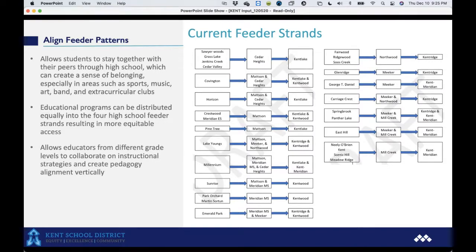But then there are other schools, for example, Crestwood and Meridian Elementary School. They feed entirely into Madison Middle School, but then they split and go either to Kentlake or Kentwood High School. And then there are other examples where, for example, Millennium splits and goes to either Madison, Meridian, or Cedar Heights. And then in high school, either Kentlake or Kent Meridian.